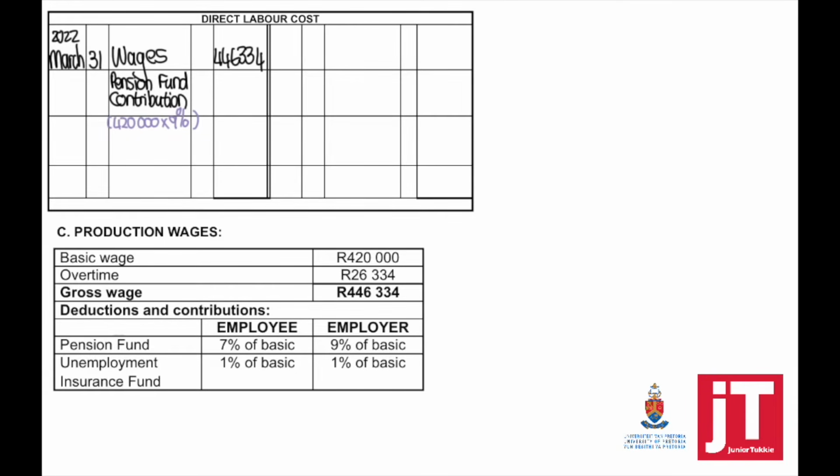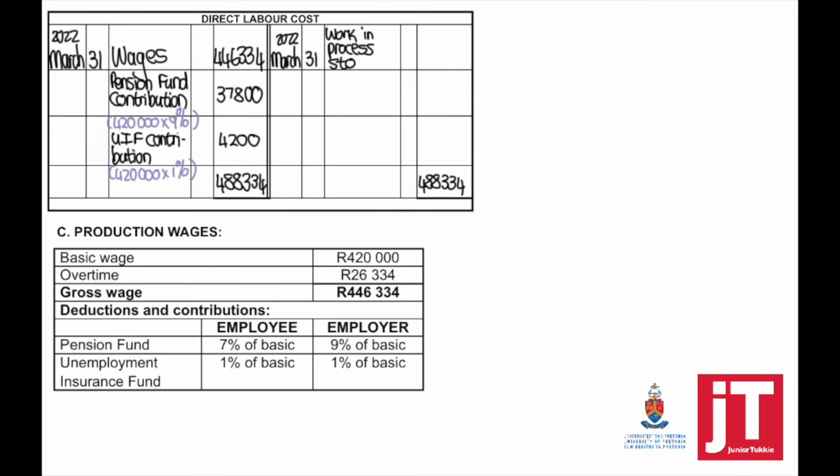It's calculated on the basic wage, which means 9% of 420,000. UIF contribution is 1% of the basic wage, which means 420,000 times 1%. Now, if I add all of this together, this will equal my total direct labor cost, which must be taken to the work in process stock account.